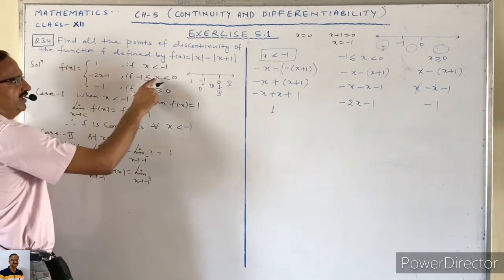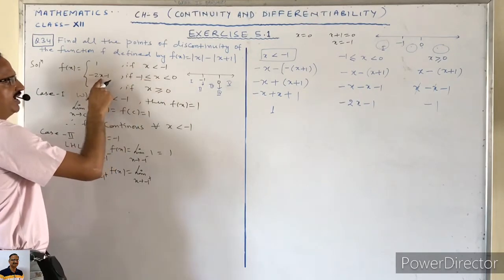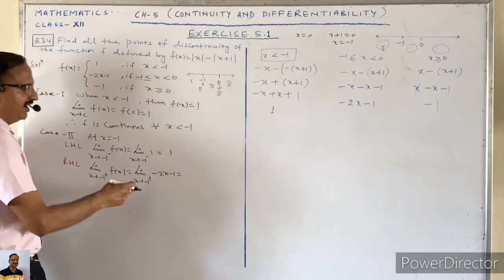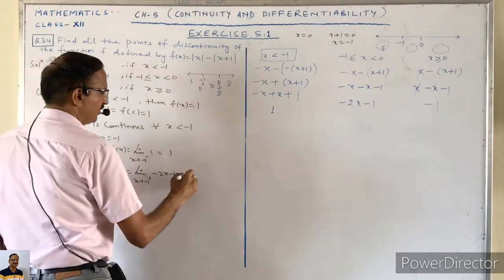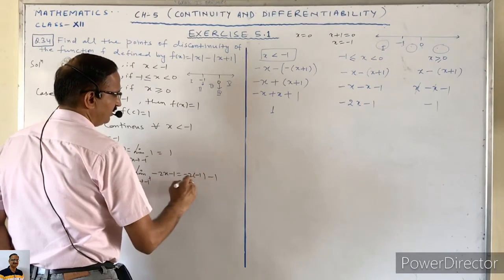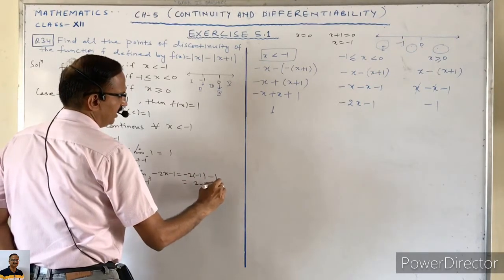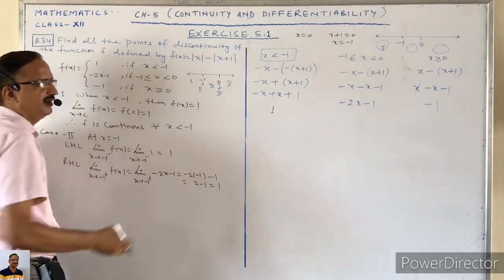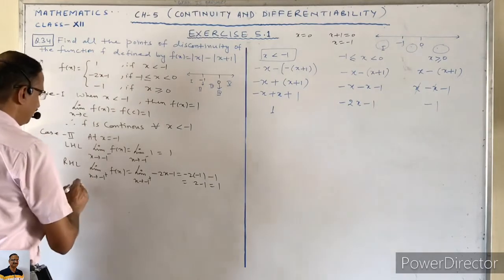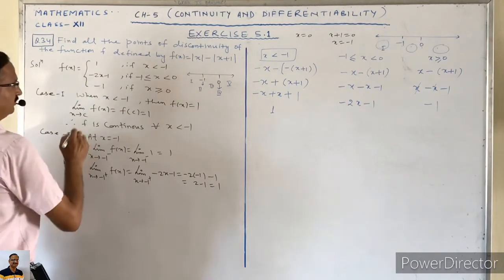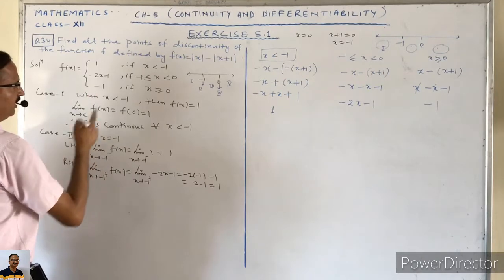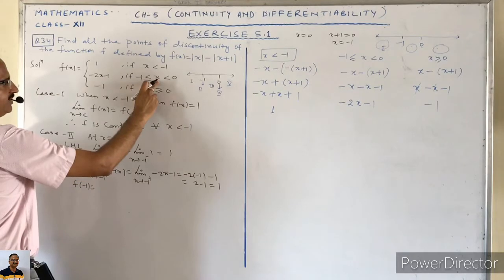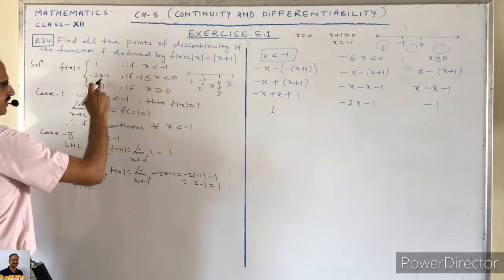Now right hand limit, limit x tends to -1 plus f(x) equals limit x tends to -1 plus, now when x is greater than -1, then this is the function. It means -2x minus 1. When we put the value, then this is 2 minus 1, and the value is 1. So the left hand limit and right hand limit are equal, and the value of this function at the point -1, means when x is equal to -1, then this is the function.